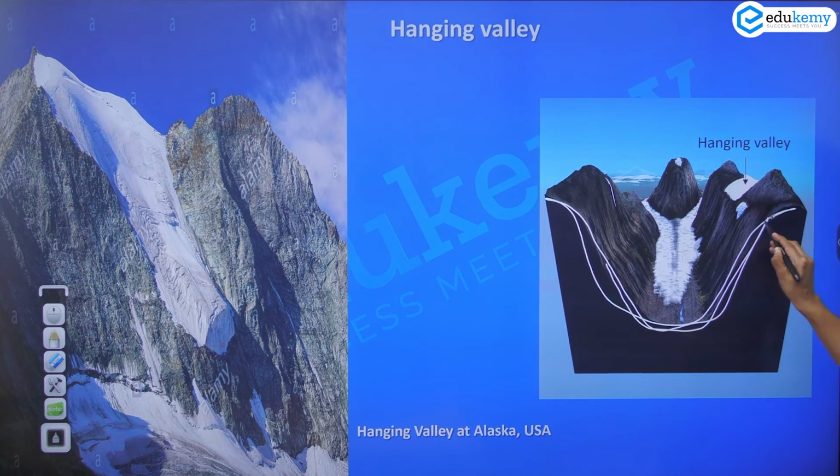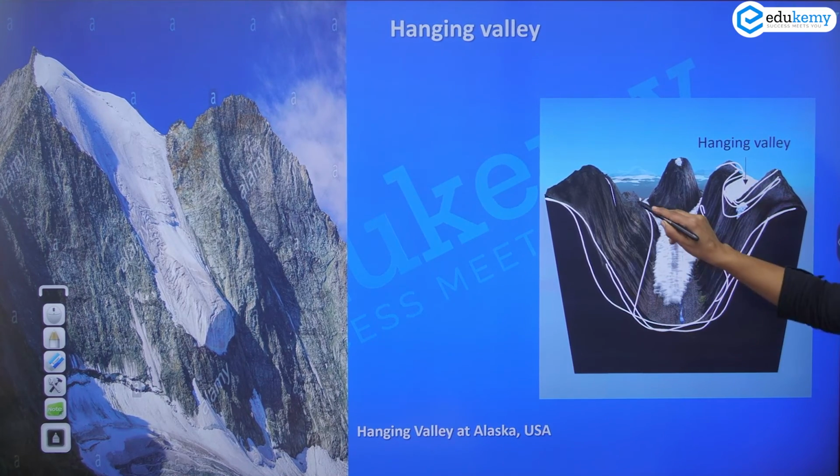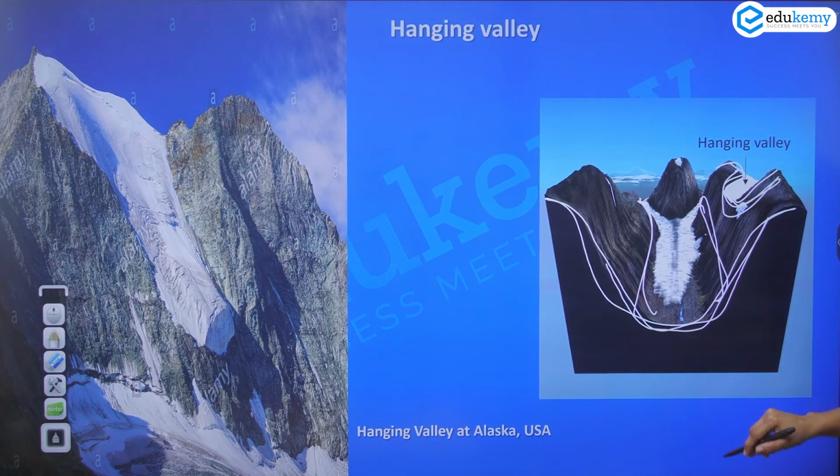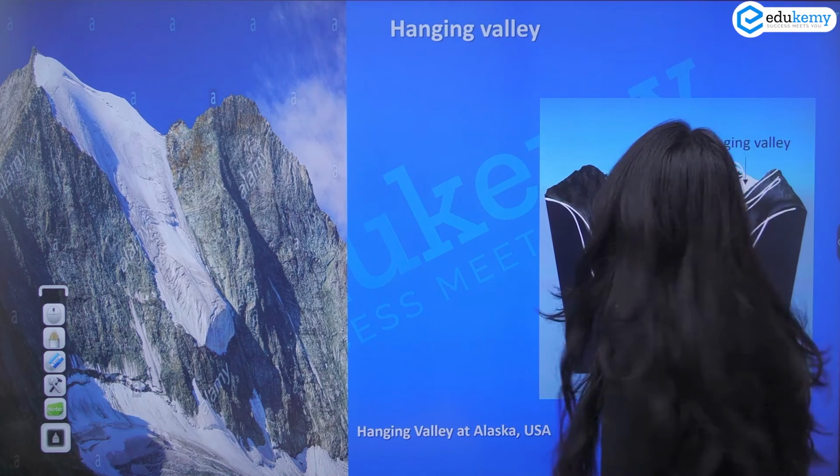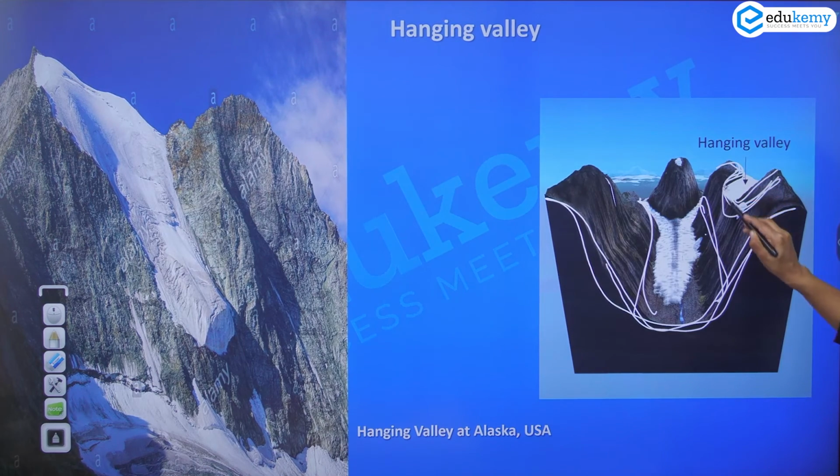Why is it formed? We have already seen. And this is the hanging valley, which is hanging above the main valley. This is the main glacier. The valley which is hanging above the main valley is called the hanging valley.